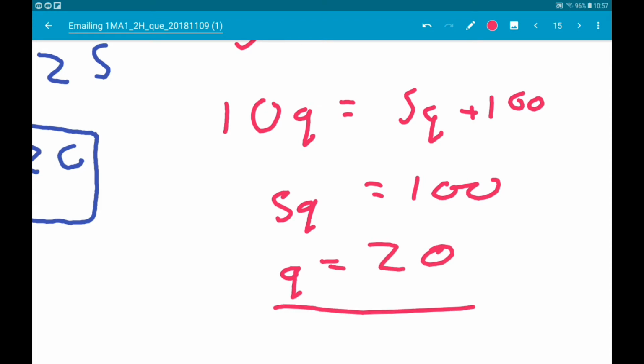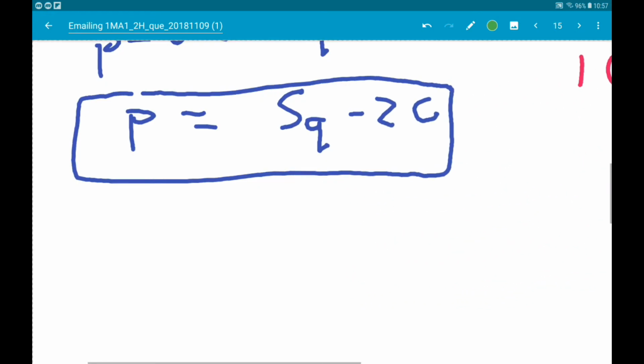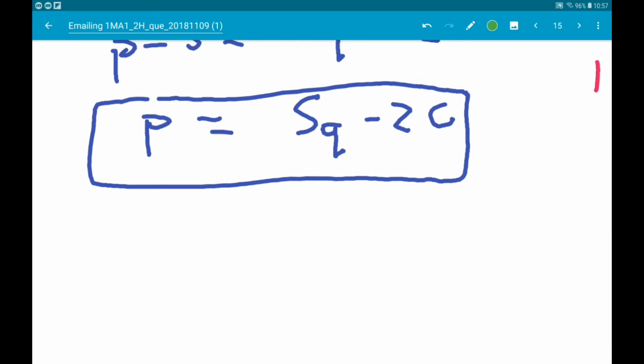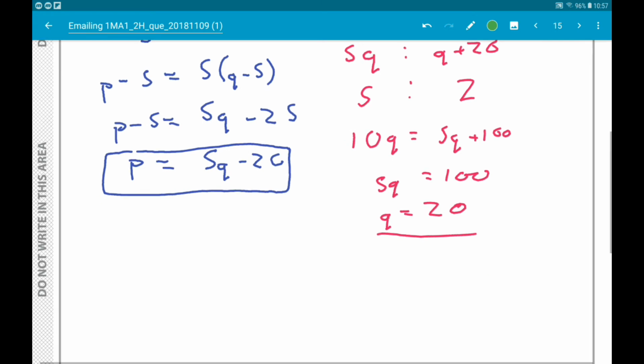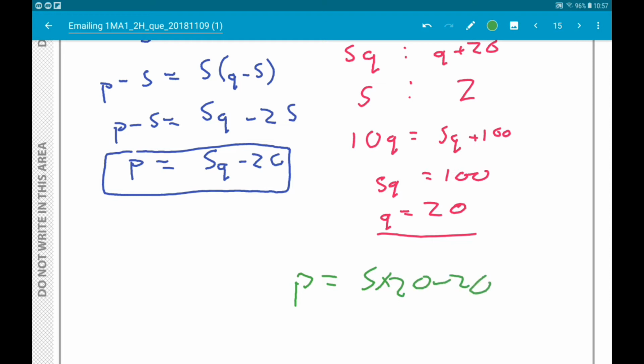Now, from that, we can now work out what P is. P, again, is 5Q minus 20. So, P is 5 times 20 minus 20, which is 80.